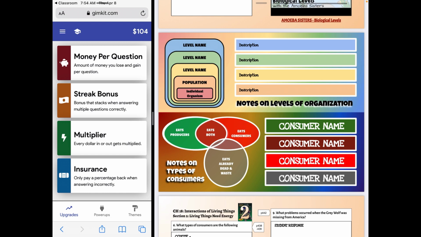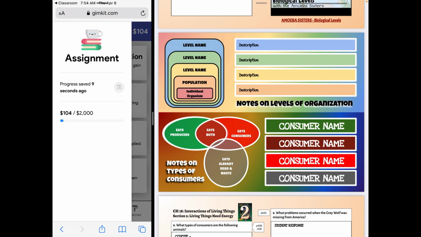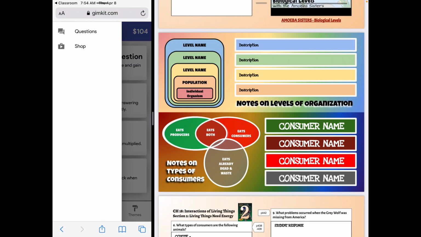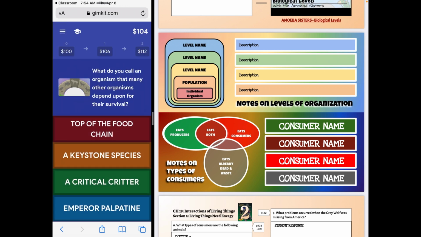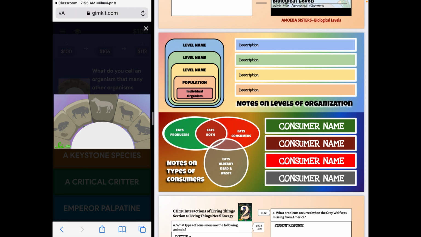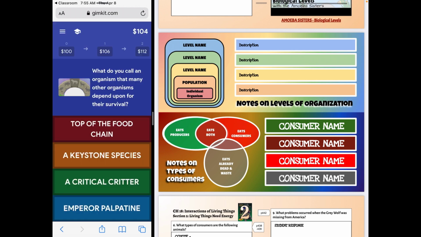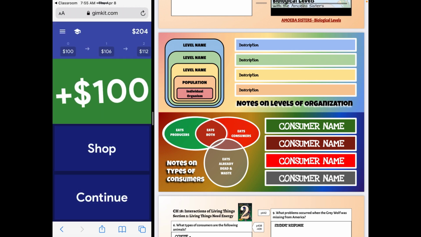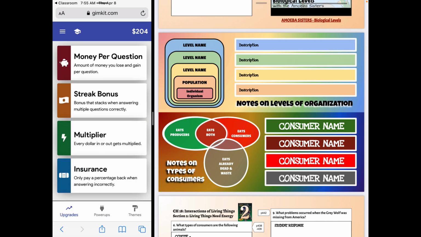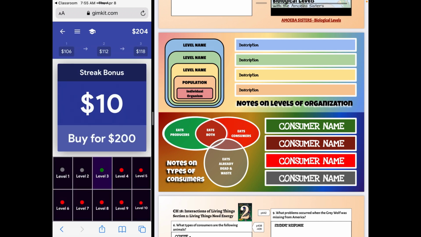But now that I upgraded my multiplier and my money per question, my questions are going to get much more valuable. An organism that many depend upon, it's this picture of a stone holding up an arch, so a keystone species. Now I'm getting $100 per question. And now I can go and upgrade my streak bonus.